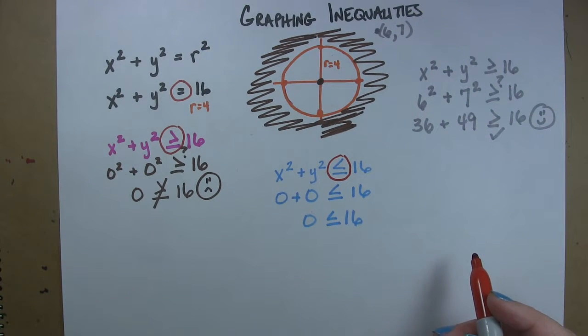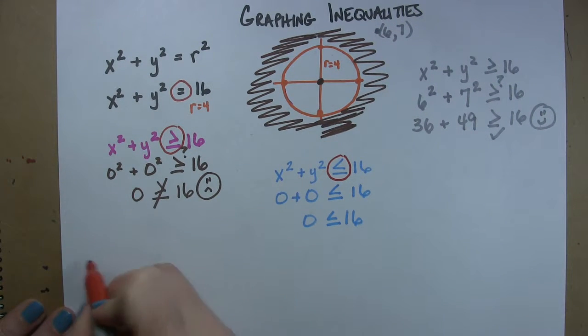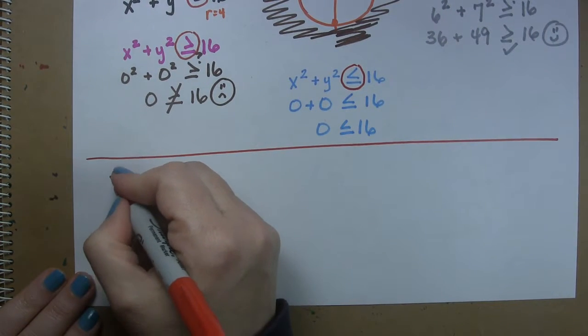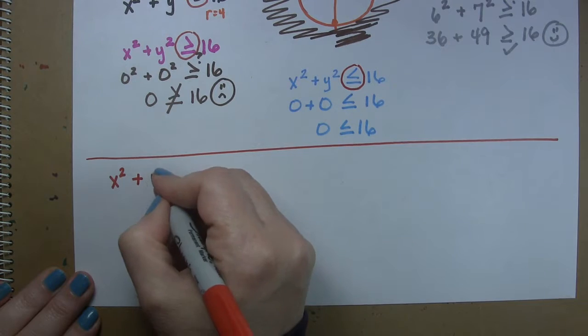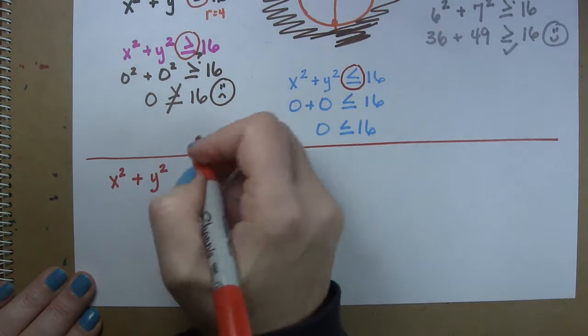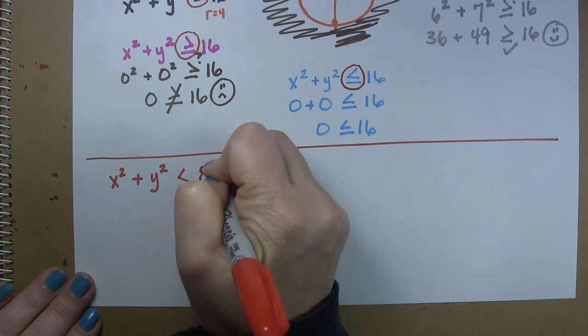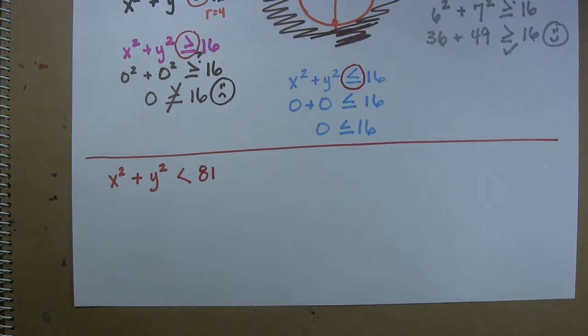What if this were the equation? Let's see, we'll start all over again. So x squared plus y squared is less than 81. Whoa! There's no equal sign at all.